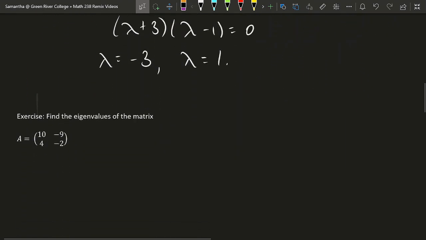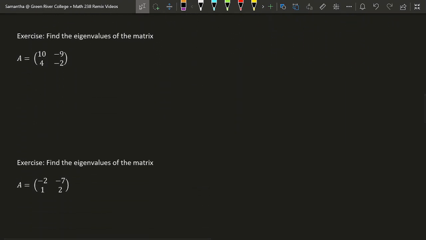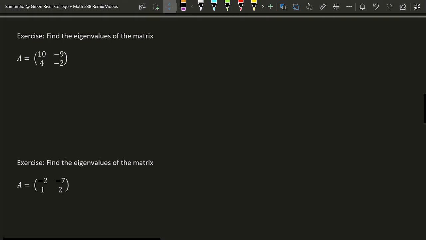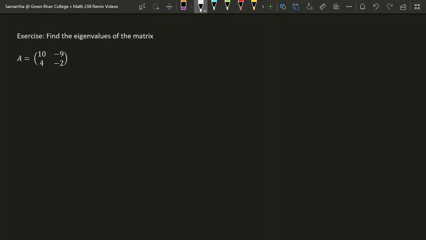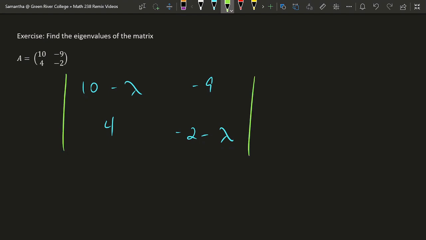For another exercise, to reinforce the process, let's consider the following matrix A, 10 minus 9, 4 minus 2. Let's try and find the eigenvalues of this matrix. So I'm going to go into the matrix, and I'm going to take the entries on the diagonal, and I'm going to subtract this unknown lambda. I'm going to leave the other entries alone. Then I'm going to take the determinant of that quantity.